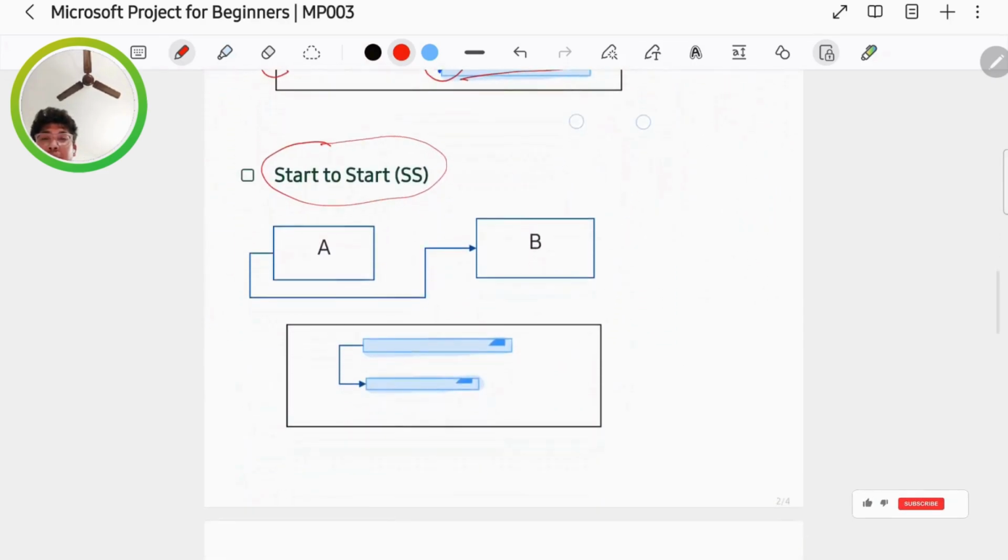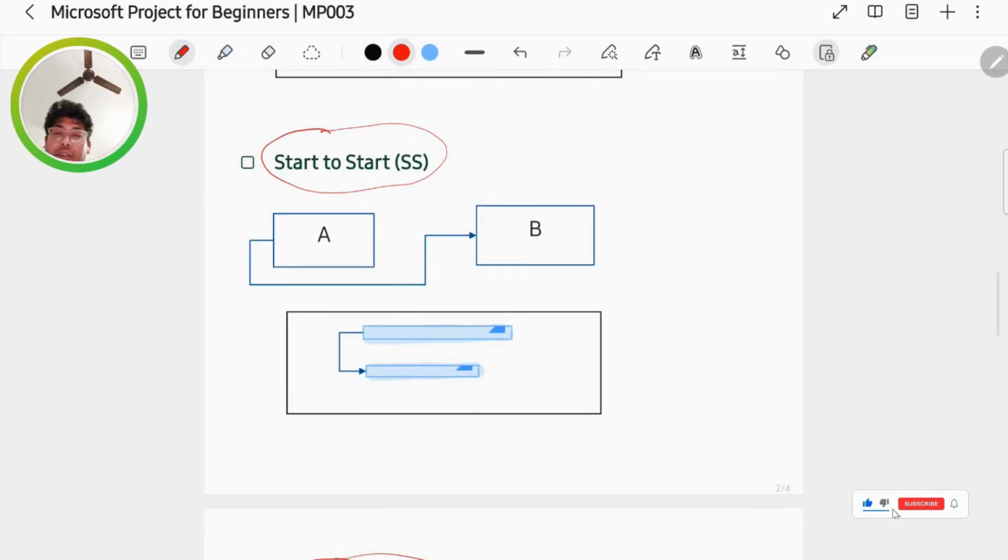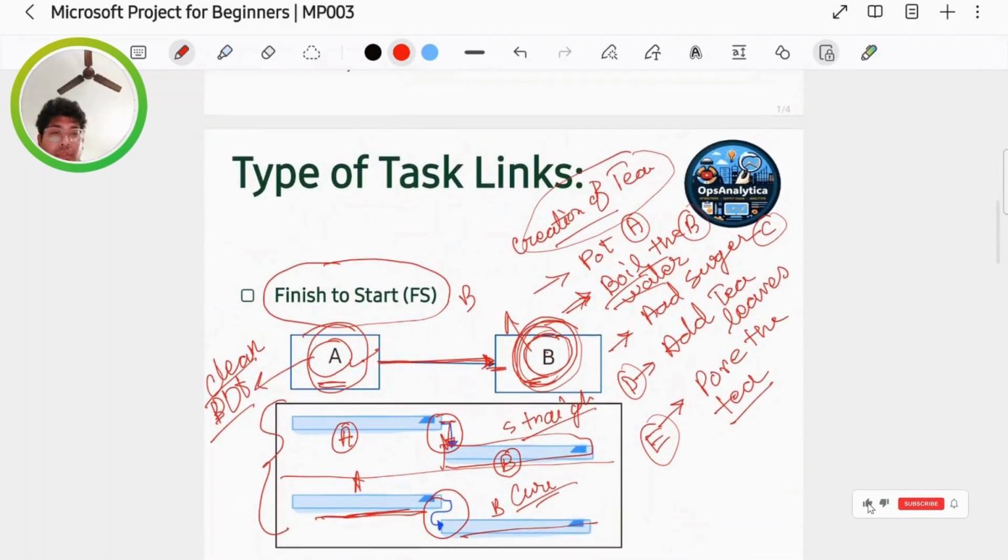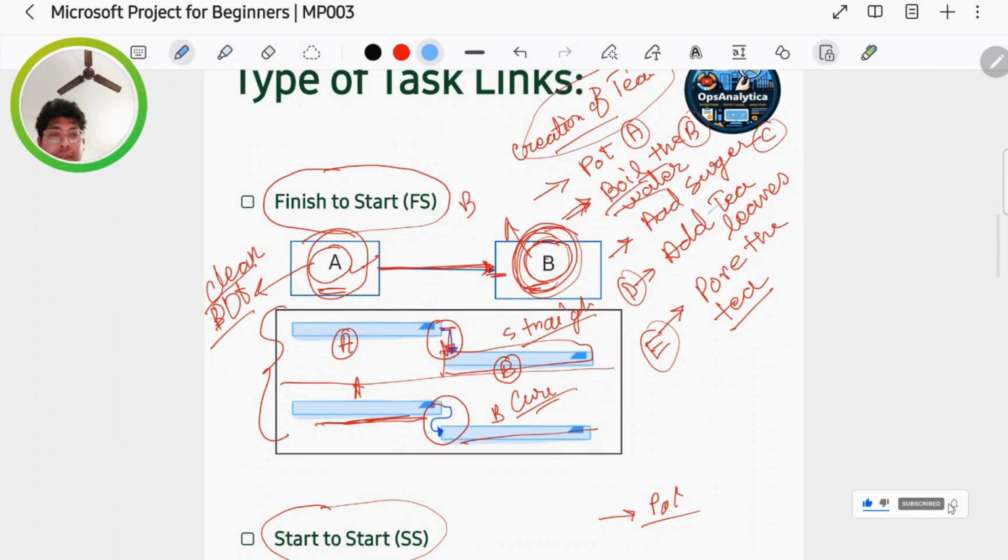Okay, now we come to start to start. In start to start, we have taken the pot, poured the water and boiled the water. Now we have to add sugar and we have to add tea leaves.